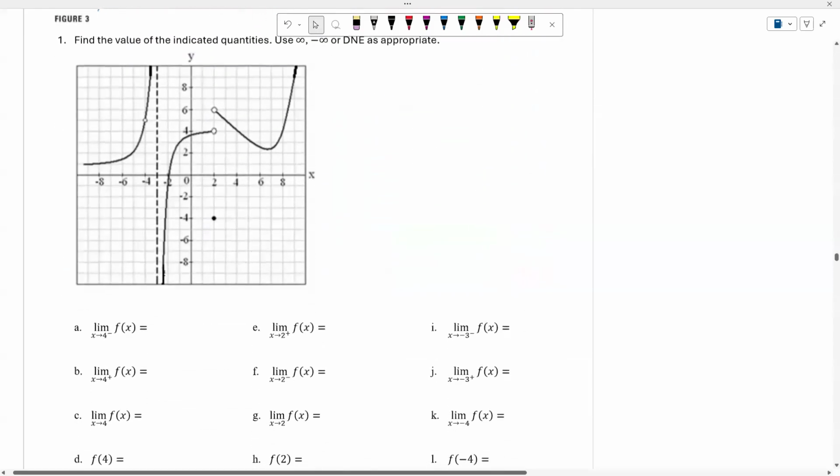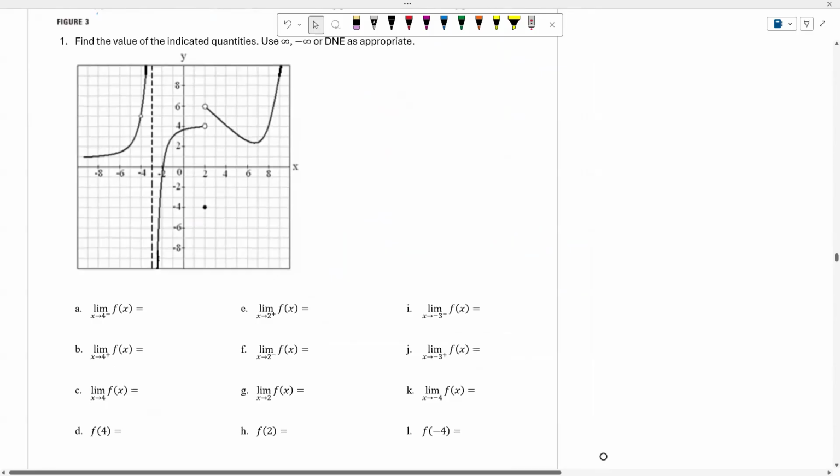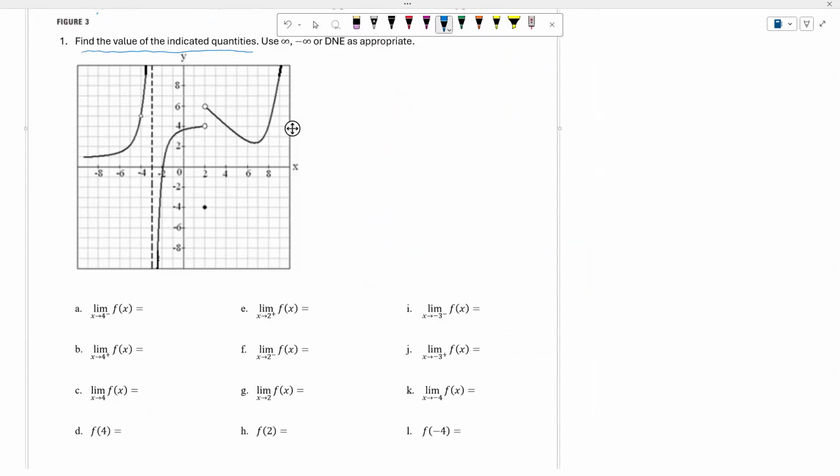Now, let's see if we could work on the following example 1. Right now, I have the function. For this function, I would like to evaluate the limit, and also use infinity, negative infinity, or does not exist as appropriate.